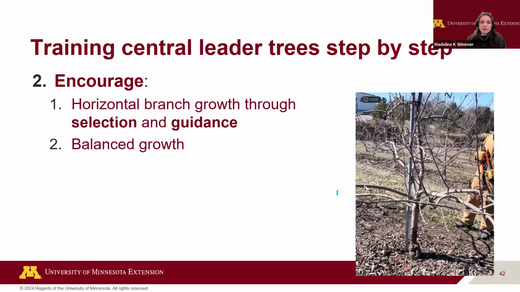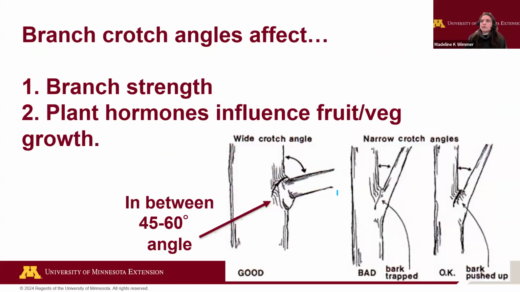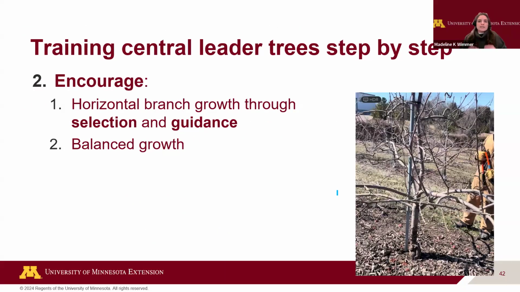And what is balanced growth? Balanced growth can look like balance up and down the trunk. It can look like balanced growth around the trunk on certain areas of the tree, and it can look like balanced growth on the branch itself. So that example with removing that lateral branch would be putting the actual branch into balance with the rest of the tree.